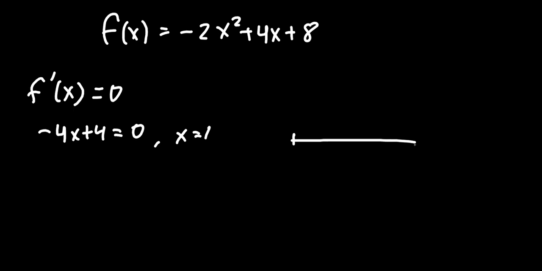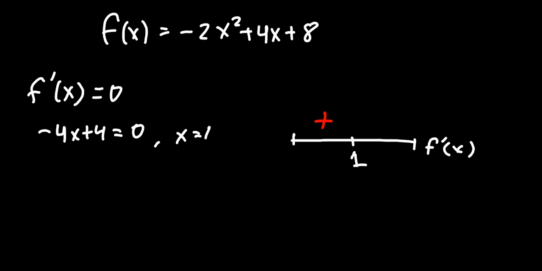So let's make a table to find the intervals of increasing and decreasing. If we have 1 on this side, we want to plug values into f prime of x, so that we can graph this function. A number that's less than 1, like 0, will produce a positive result.